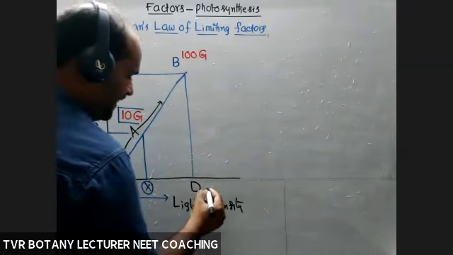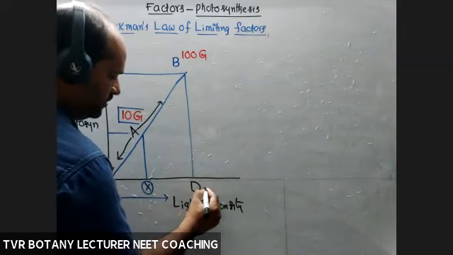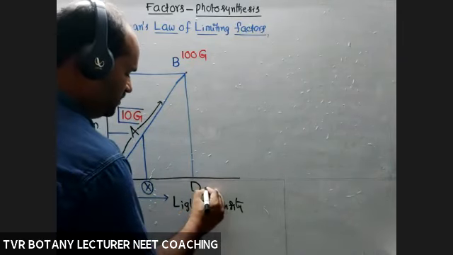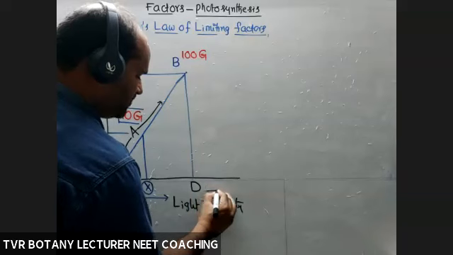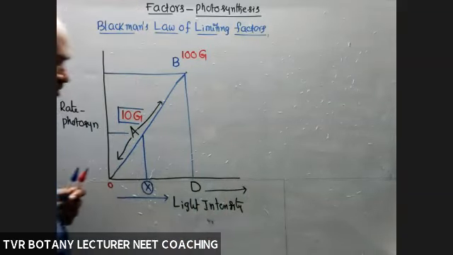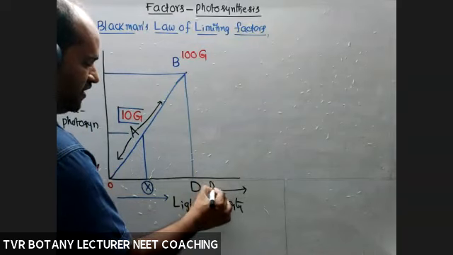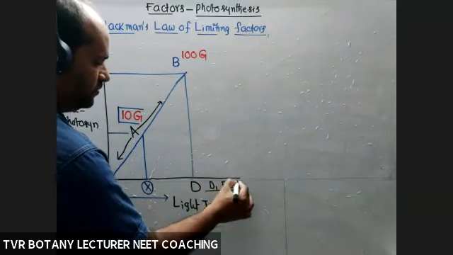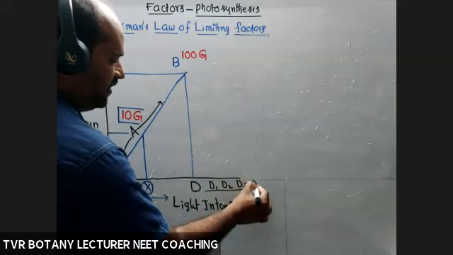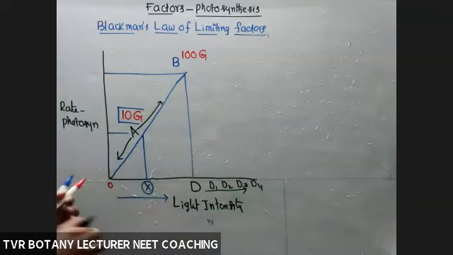Next, light intensity from D onwards increased, from D to some X level, whatever the level. I'm adding here D1, D2, D3, D4 levels, for example only.